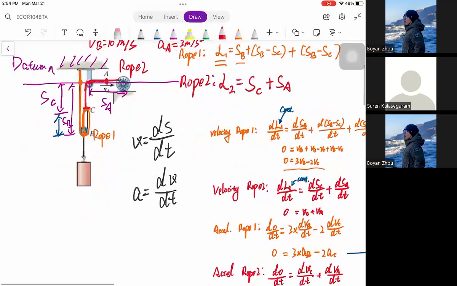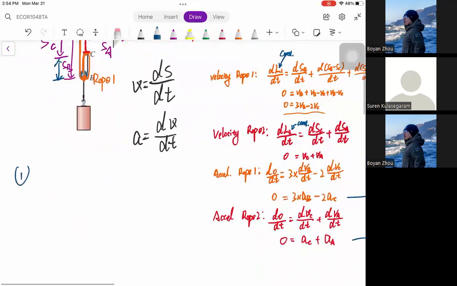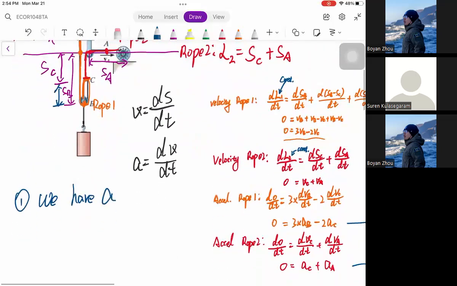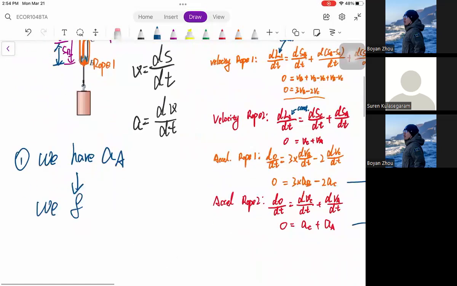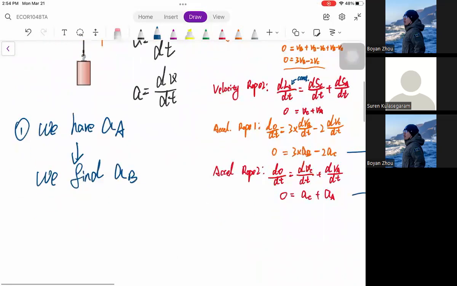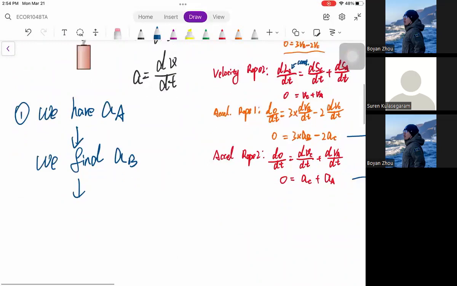So, okay, maybe it's going to be better to understand: we have the acceleration at point A. The next step is we find the acceleration at point B. And since we already have the velocity at point B, we have VB.